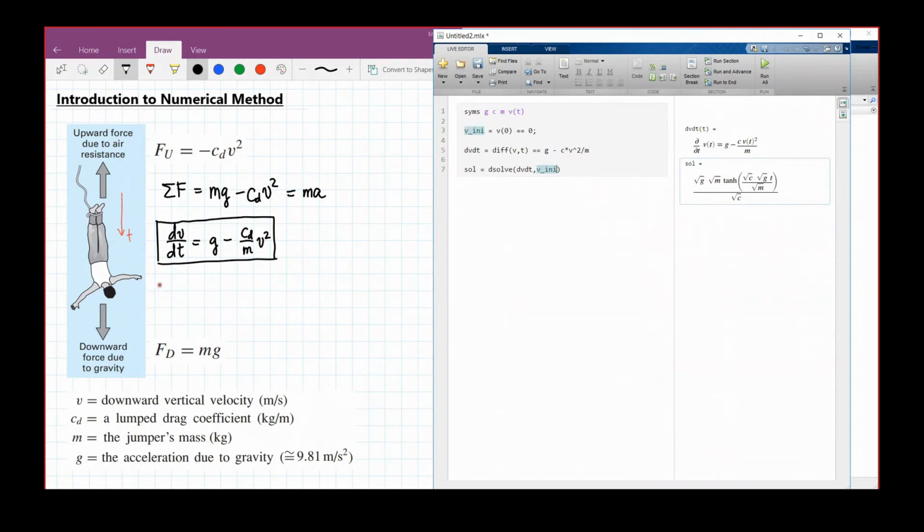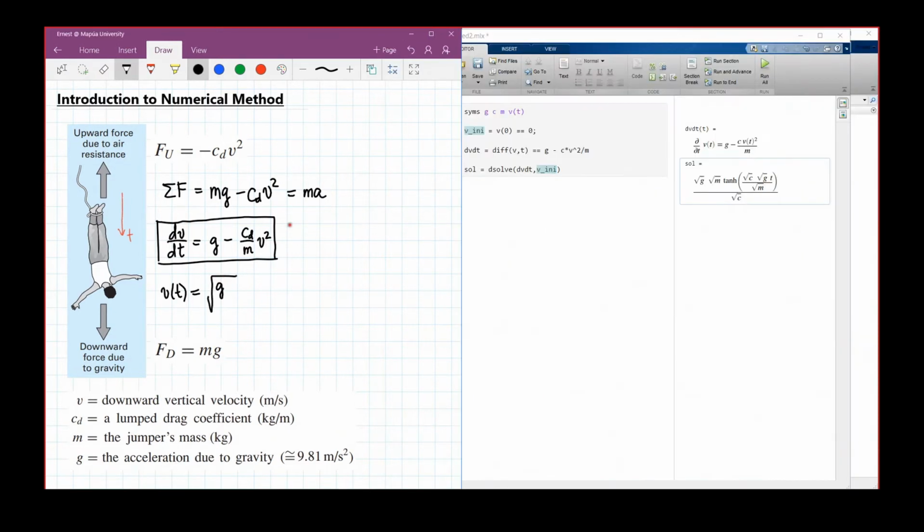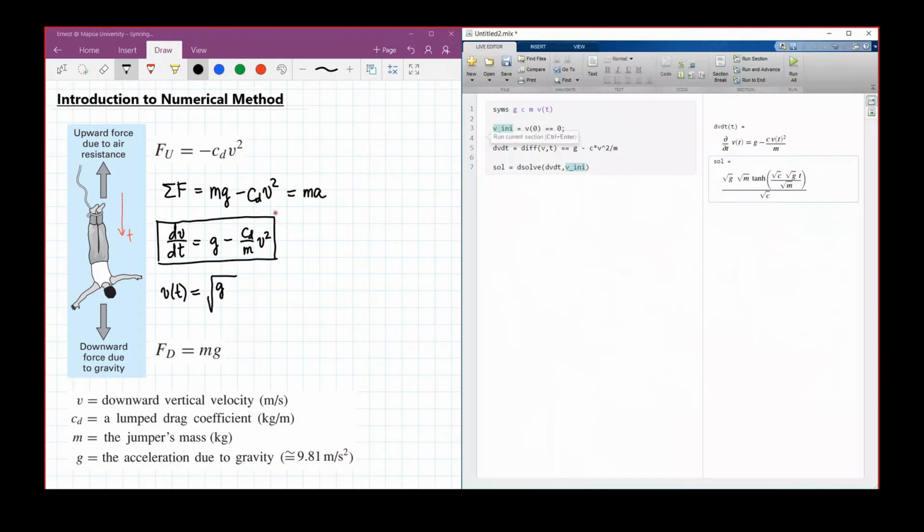So we can see that the solution, v as a function of time, will be equal to the square root of g m over cd times the hyperbolic tangent of the square root of cd g over m times t. So this is the solution to this differential equation.